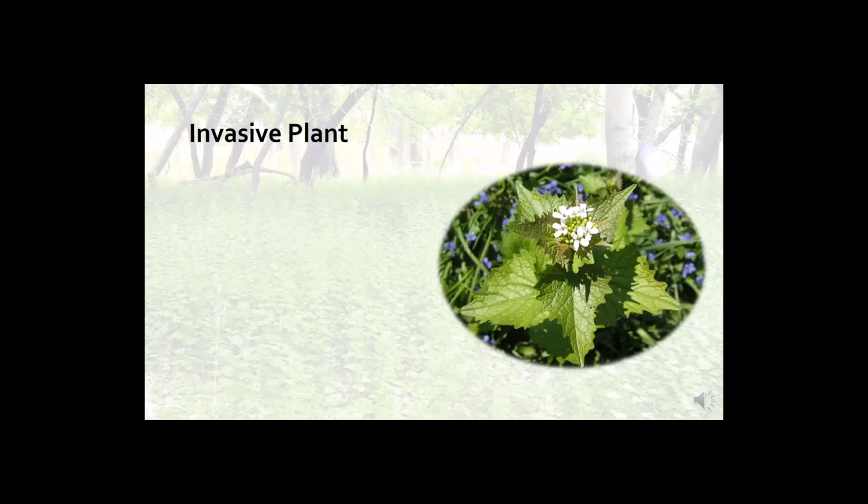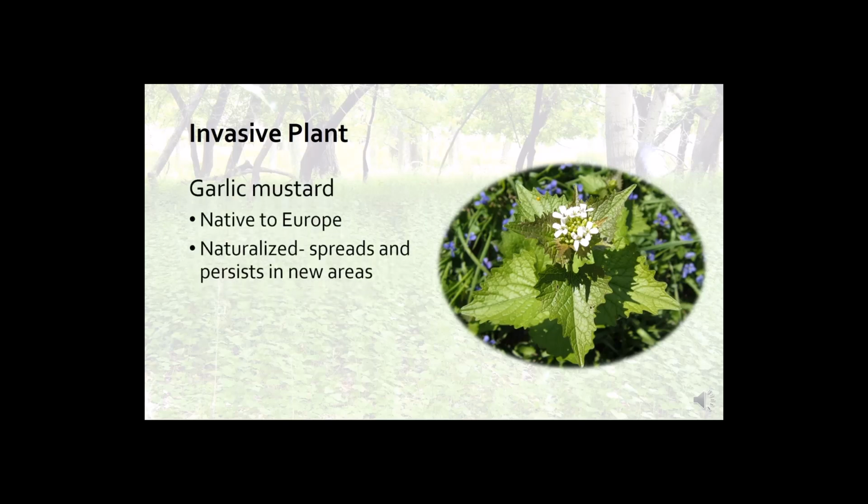So a classic example of an invasive plant, which many of you might recognize, is garlic mustard. This plant is native to Europe, and although it was originally brought to the United States and to Wisconsin by humans, it no longer needs humans to help it persist on the landscape. So it's become naturalized, it spreads and persists on its own.